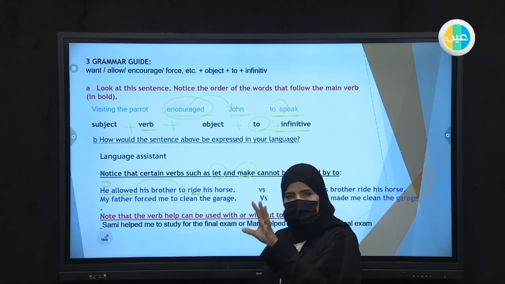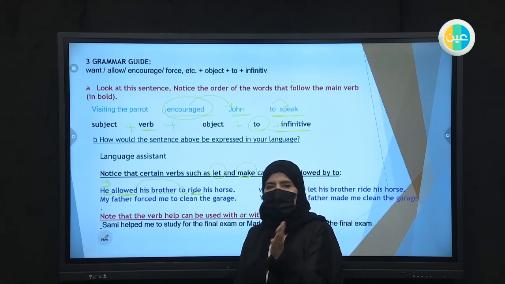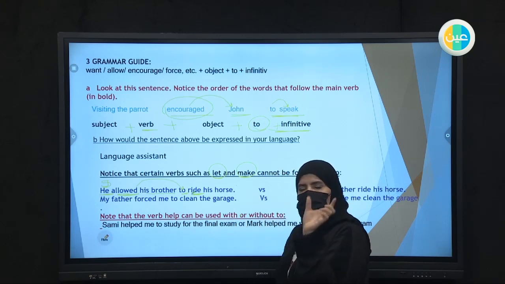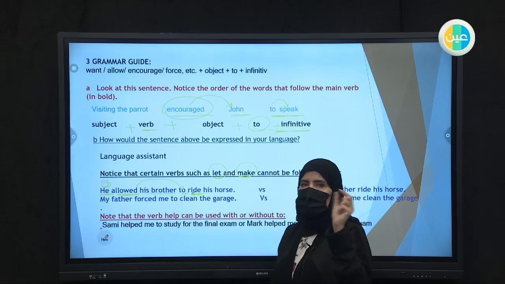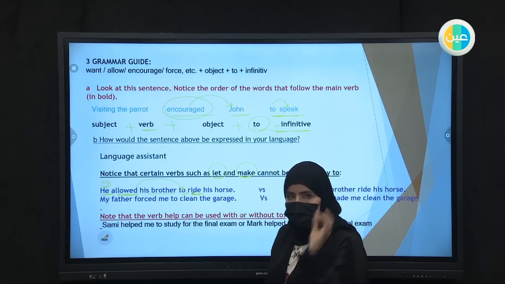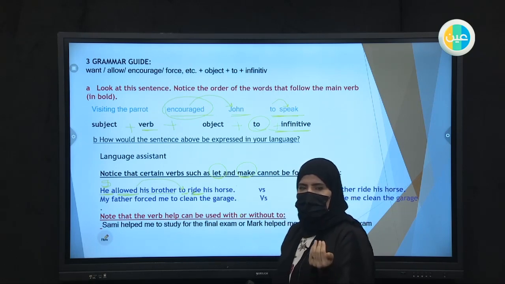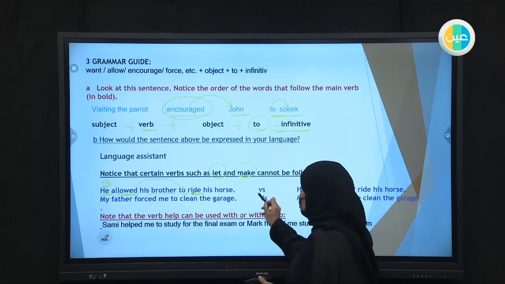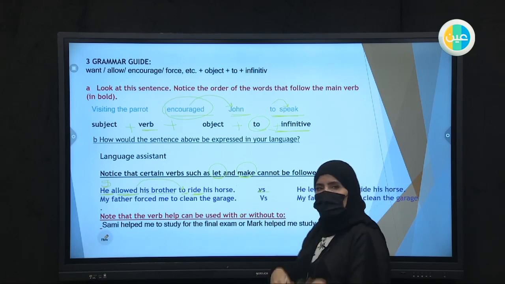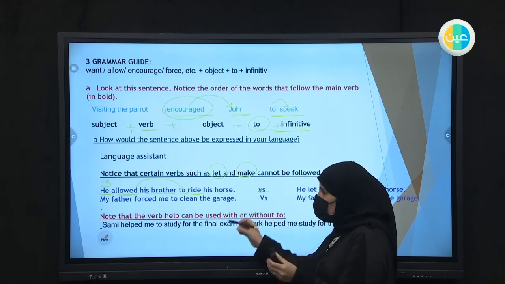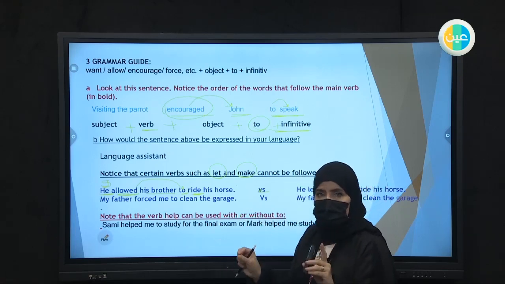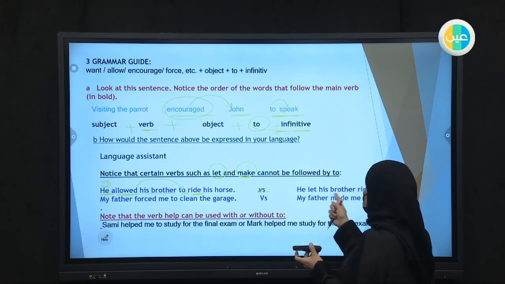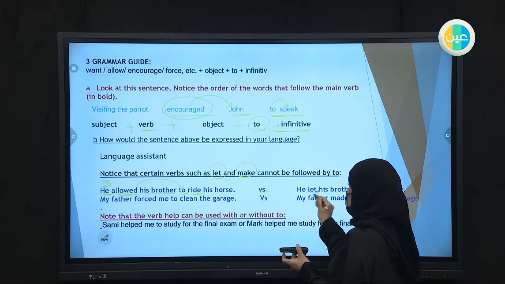Okay. إذا نبدأ بالsubject، بعد الverb allow أو encourage أو want أو force، بعدين الobject، بعدها to، بعدها الverb in infinitive. Logically, after the to we have to put the verb without any additions. Vice versa, we can form the same sentence with the same meaning but with a little bit of difference. How? By using let.